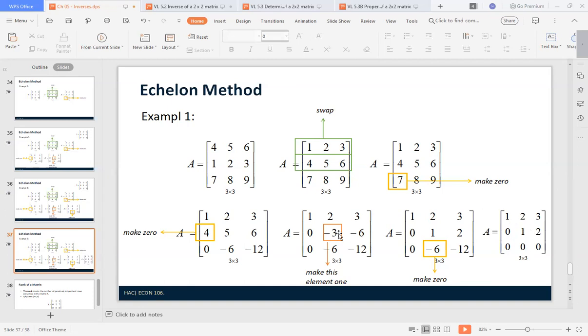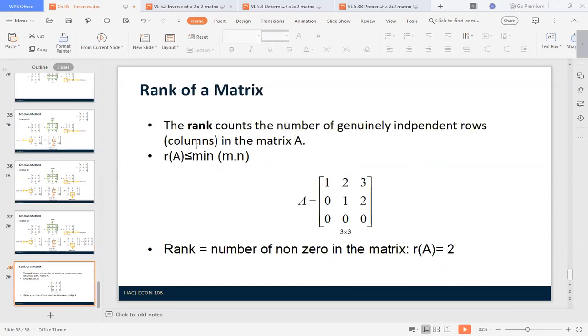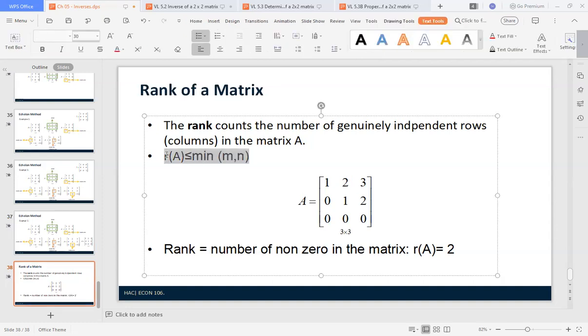Now, what this tells us, class, the rank, by definition, counts the number of genuinely independent rows. If it's only a 2 by 2 dimension, or if the dimension is 1 by 3, just check on whichever is smaller. If you have a larger dimension, like a 3 by 3 here, you will need to use the echelon method.